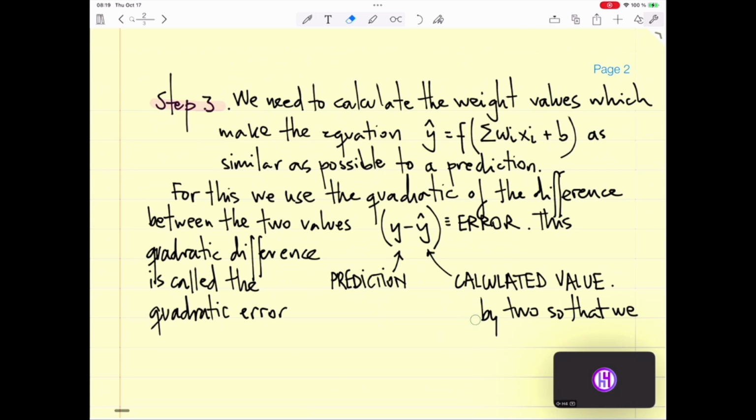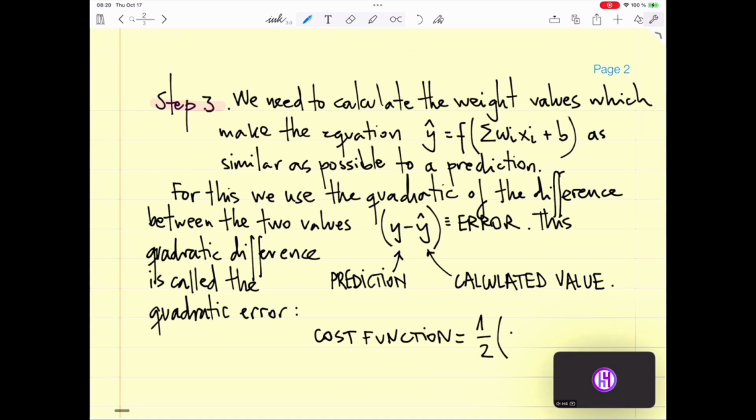We divide it by 2, but let me first say that the quadratic error is called cost function, and it's 1 divided by 2 times (y minus y with hat) squared.